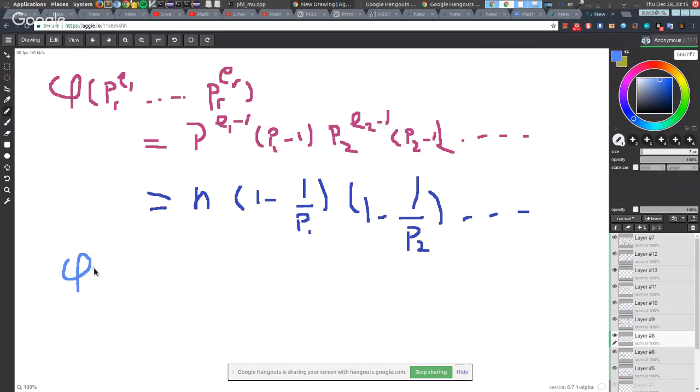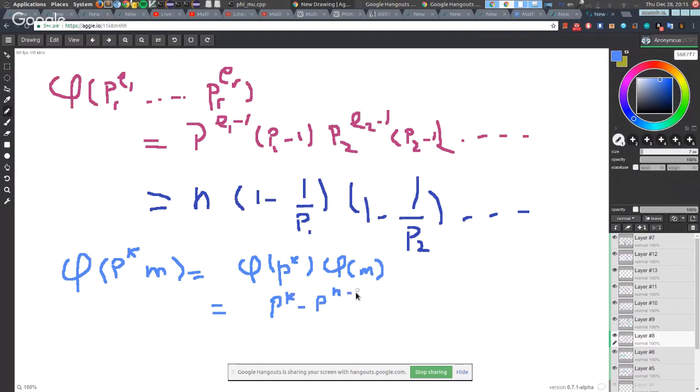So here we can look at it as we have p to the power of k times some number m, which is not divisible by p. So basically this is phi of p power k times phi of m, which is p to the k minus p to the k minus 1, times phi of m.